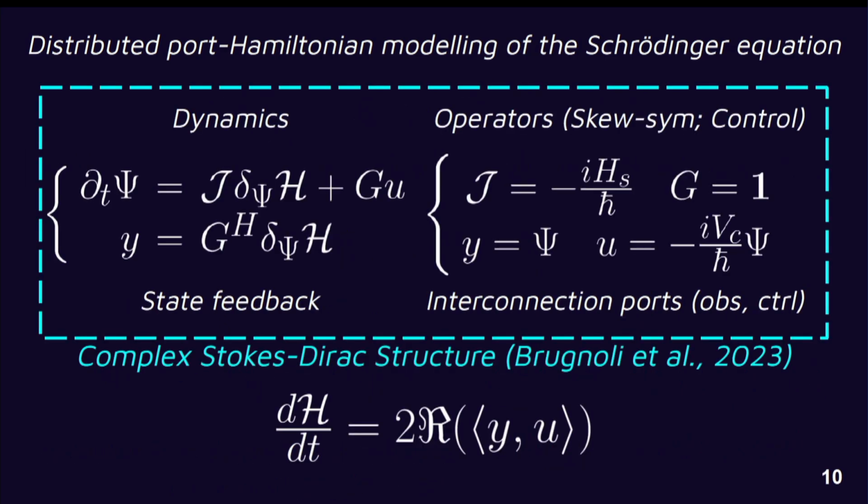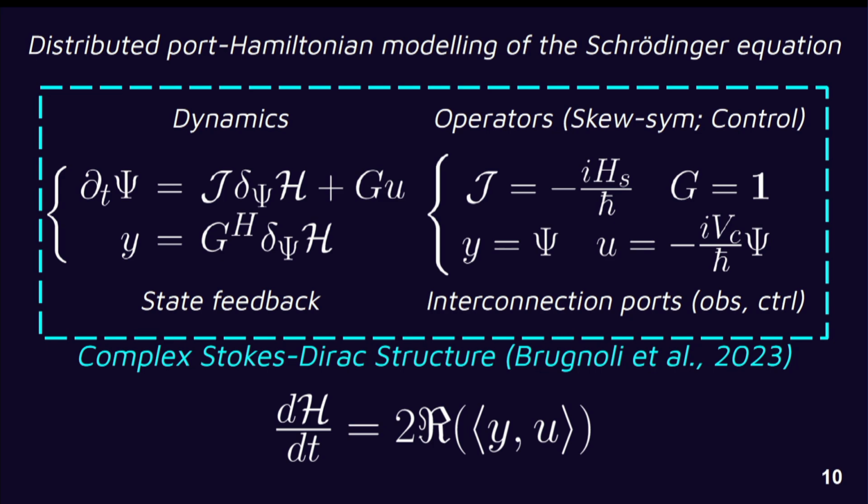So this leads to these port-Hamiltonian models, which respect the complex Stokes-Dirac structure introduced very recently by Bernoulli. You have the skew-symmetric operator J. You can see that whatever the control, you have the wave function as an output, which is very useful because you have all the information of the system as the output.